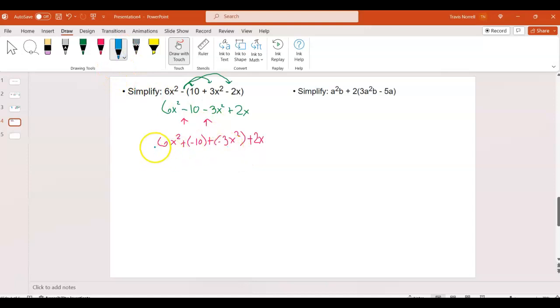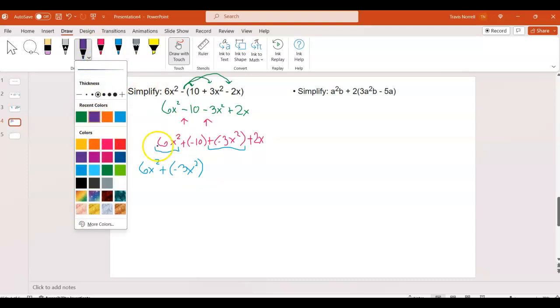I'm going to move like terms side by side. So I have positive 6x squared plus negative 3x squared. Notice I put my variables in decreasing order.